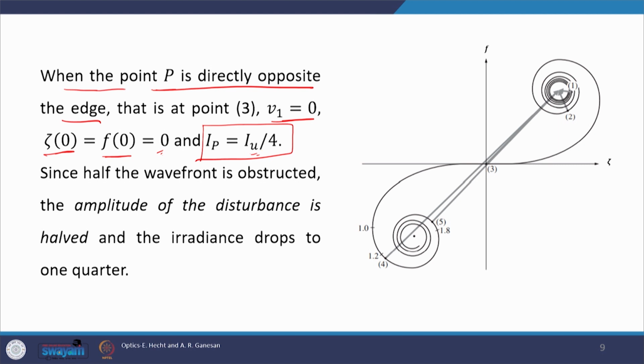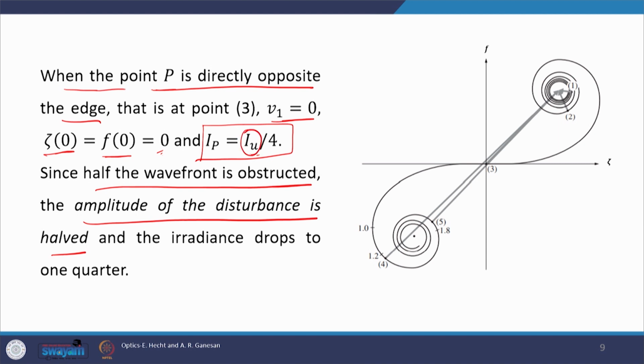Now, you see that had there been no aperture, we would have received irradiance which is equal to I u by 2, but now here we are getting I u by 4, and this is quite intuitive also, because we are covering half of the space with a screen. Since half of the wavefront is obstructed, the amplitude of the disturbance is halved and the irradiance drops to 1/4.